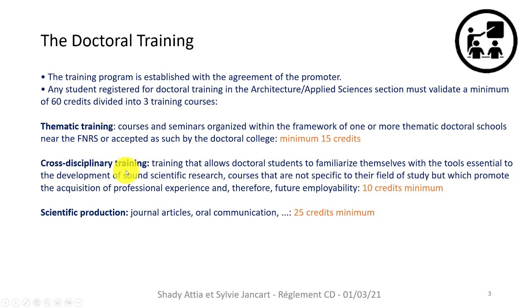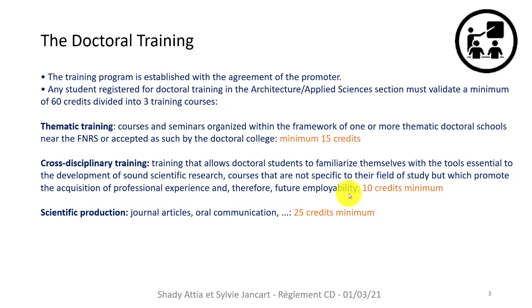The cross-disciplinary training is meant for transversal skills and soft skills. Here we are talking about training that allows doctoral students to familiarize themselves with the tools essential to the development of sound scientific research, such as open access and research methodologies, how to present, and courses that are not specific to their field of study but which promote the acquisition of professional experience and therefore future employability.